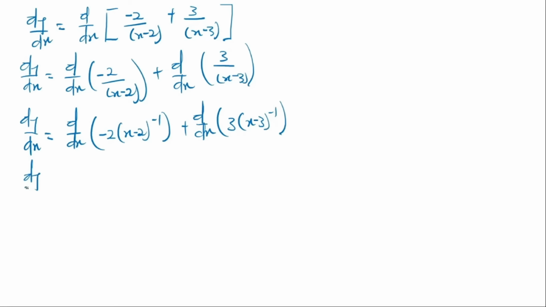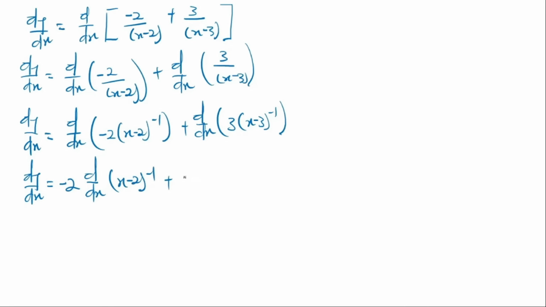Now our dy dx is equal to, now the 2 over here is a constant, so when we are differentiating a function, we can bring the constant outside and then we differentiate just what we have over here. So we bring the negative 2 out, then we differentiate just x minus 2 to the power negative 1.